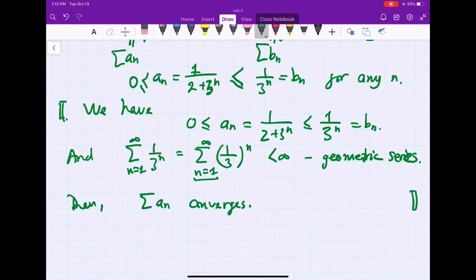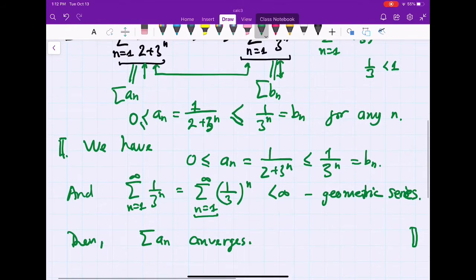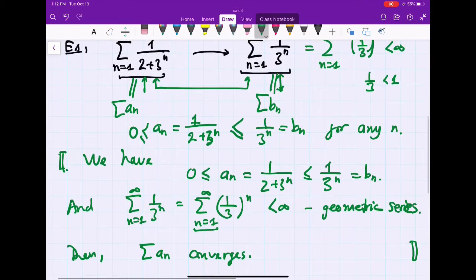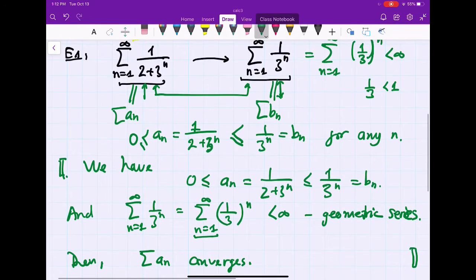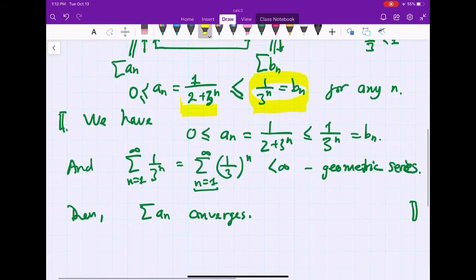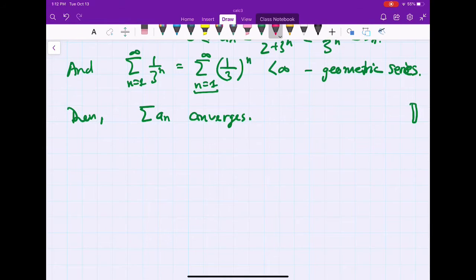But the difficulty when we apply this comparison is that sometimes you cannot find the corresponding series, because here you need to find a new series based on the original one. I think we discussed a lot about similarity.